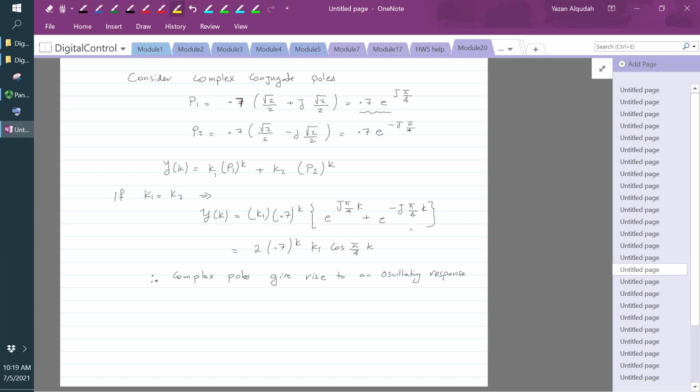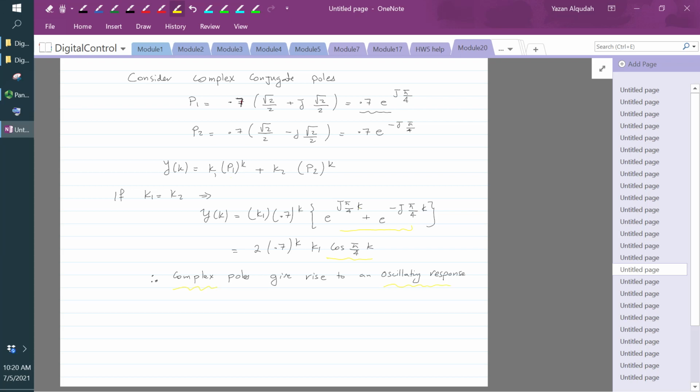Now if I look at this, this is nothing other than a cosine. So I'm going to have 2 multiplied by 0.7 to the k multiplied by k1 multiplied by cosine of pi over 4 multiplied by k. And therefore, complex poles will give rise to an oscillating response.